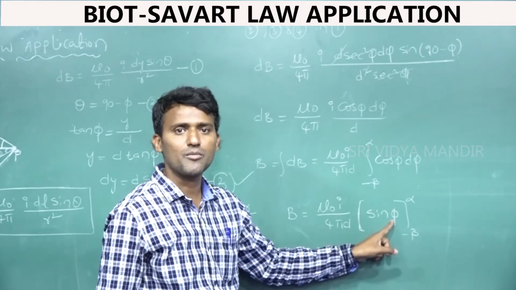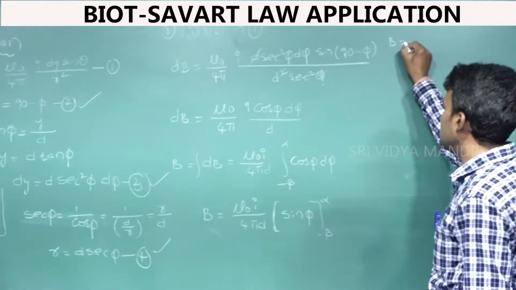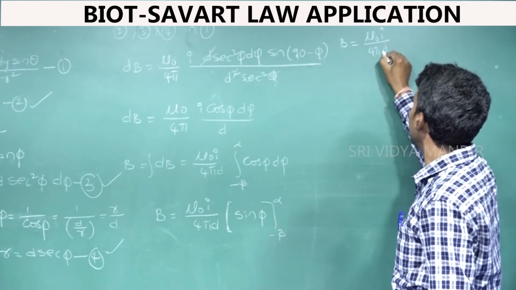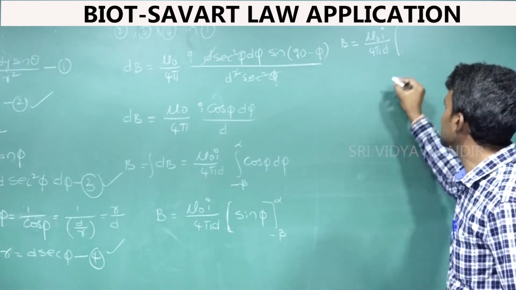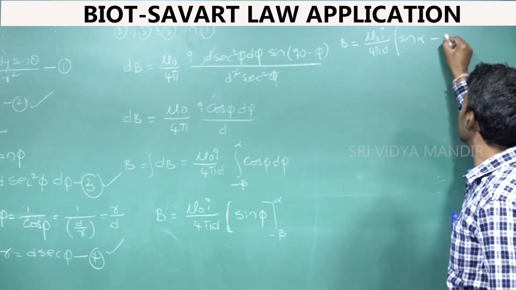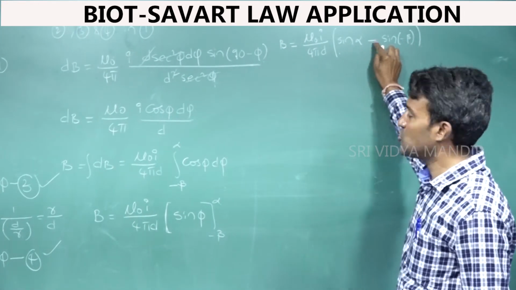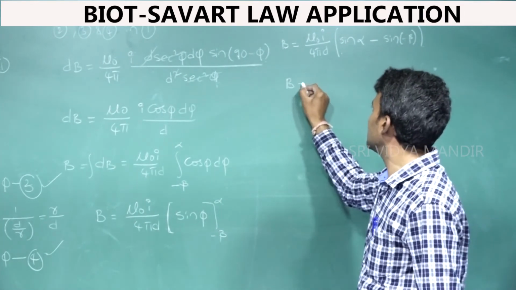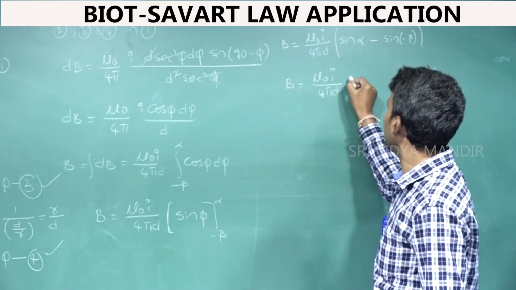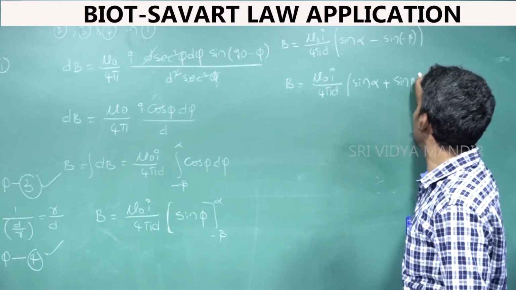Here alpha is the upper limit, minus beta is the lower limit. B is equal to mu naught I divided by 4 pi d, upper limit sin alpha minus sin of minus beta. Here minus comes to here, so minus into minus you can write as a plus. Mu naught I divided by 4 pi d, sin alpha plus sin beta.